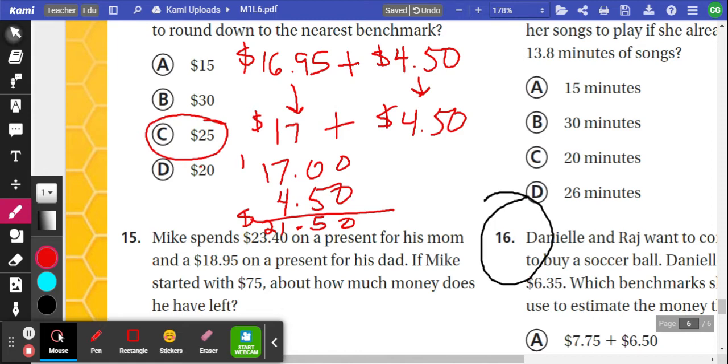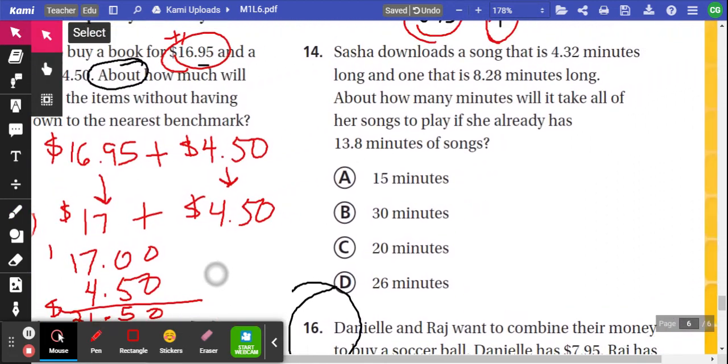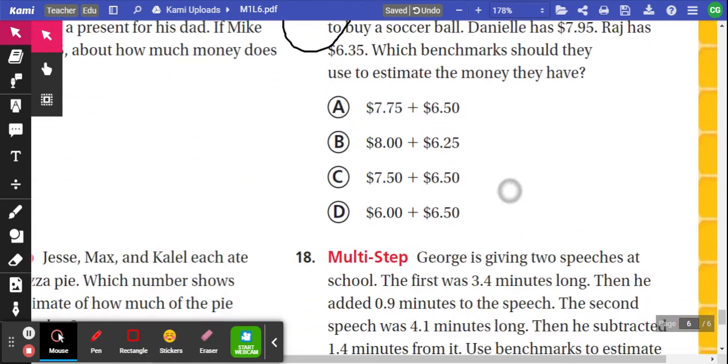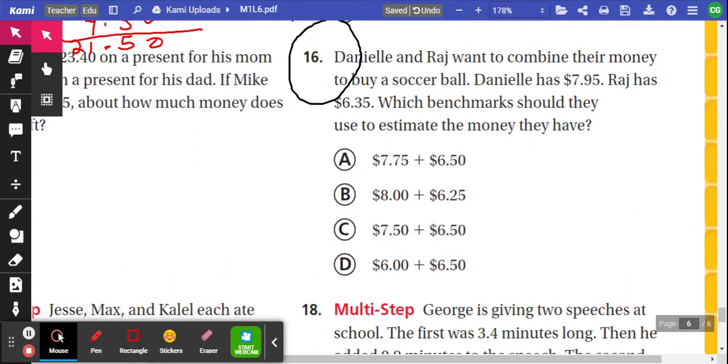All right. Which is the next one? 16. Danielle and Raji went to combine their money to buy a soccer ball. Danielle has $7.95. Raji, I believe, has $6.35. Which benchmark should they use to estimate the money they have? Alrighty, so let's look at what they have.